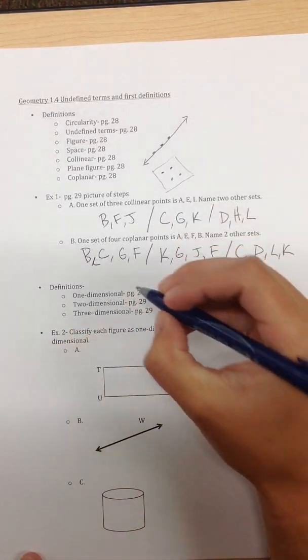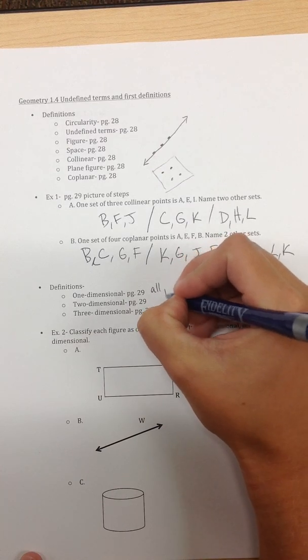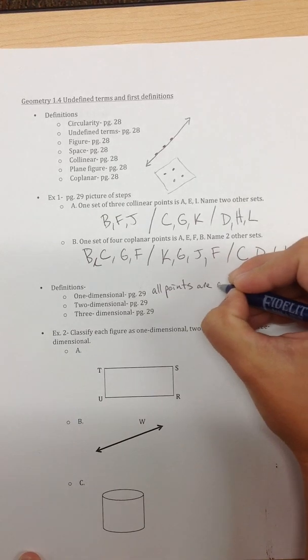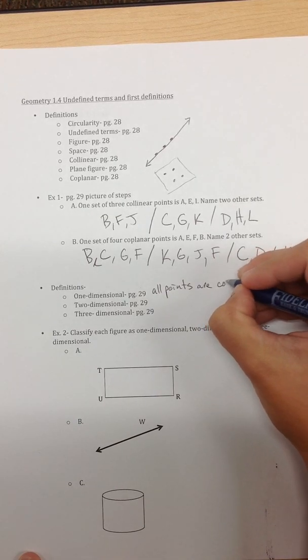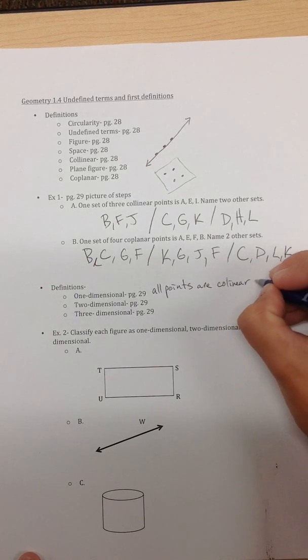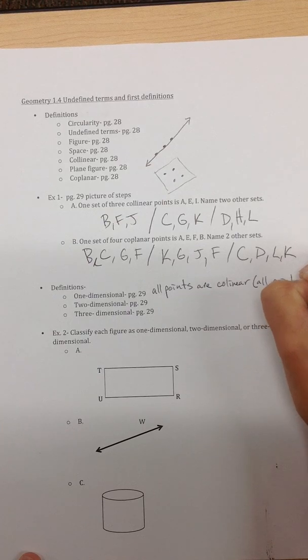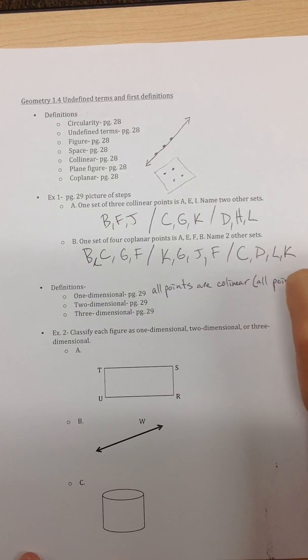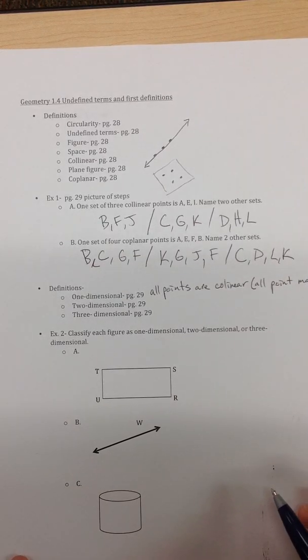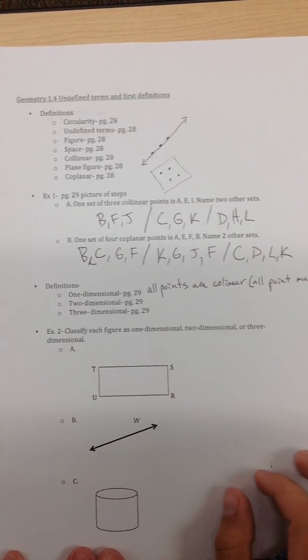For 1-dimensional, it says all points are collinear, so all points are in a straight line. And I'll put that too, all points make a line. Okay, so collinear, all your points make a straight line.